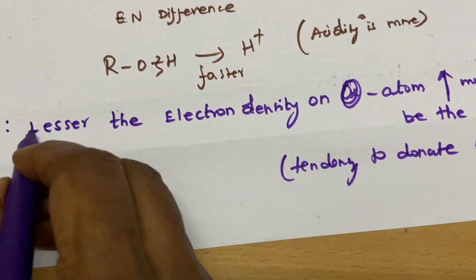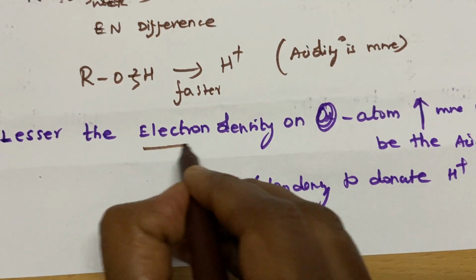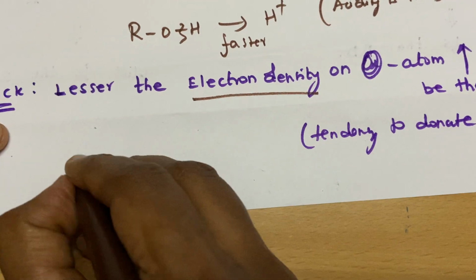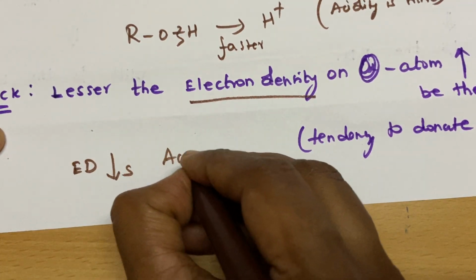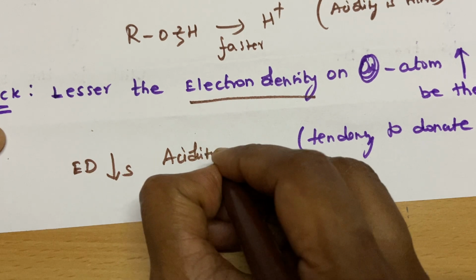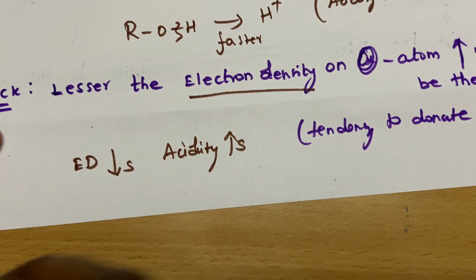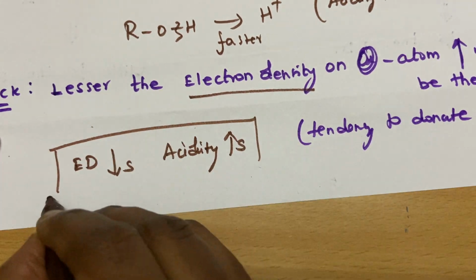So what is the trick, students? If the electron density decreases, acidity increases. This is the trick we are going to follow.